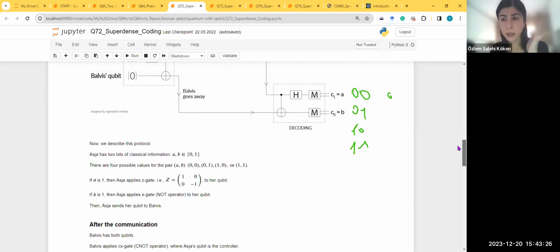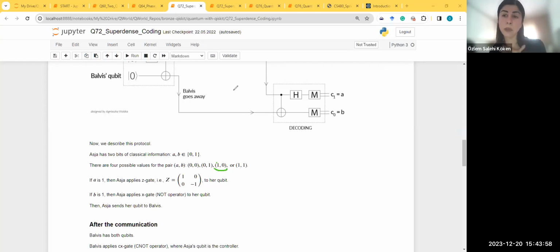So Asya is the sender, Balvis is the receiver. Asya chooses what to send as the message. Okay, so it's either 00, 01, 10, or 11. And depending on the message, she applies some operation on her qubit. So if she would like to send 10, then she applies a Z gate on her qubit.